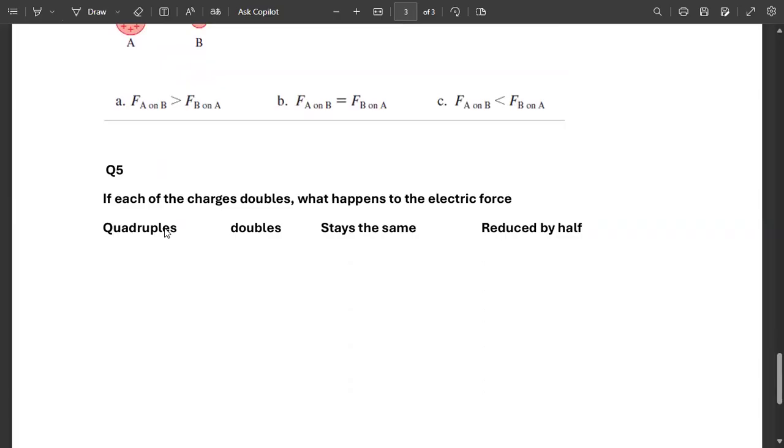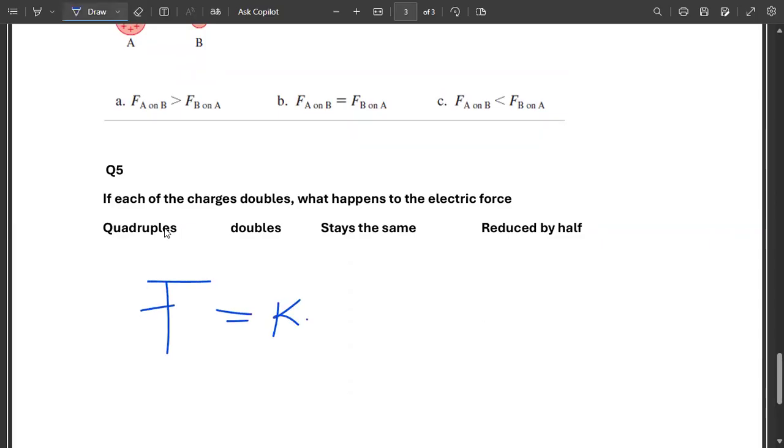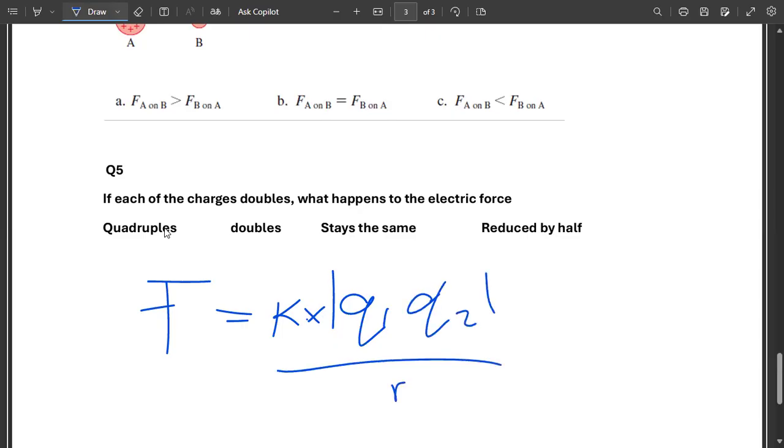Okay, so question 5 is saying, if each of the charges doubles, what happens to the electric force? Okay, so the electric force is equal to what? It is equal to K multiplied by the absolute value of Q1 multiplied by Q2, over R squared.